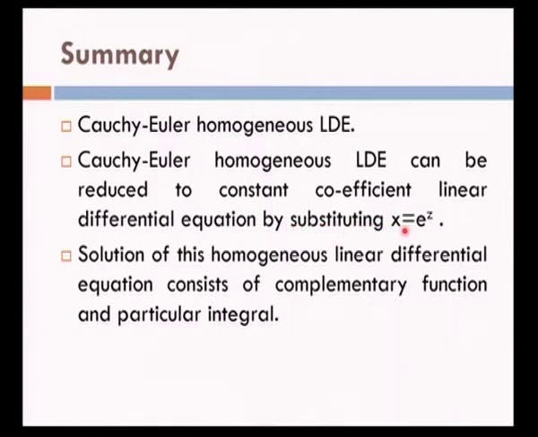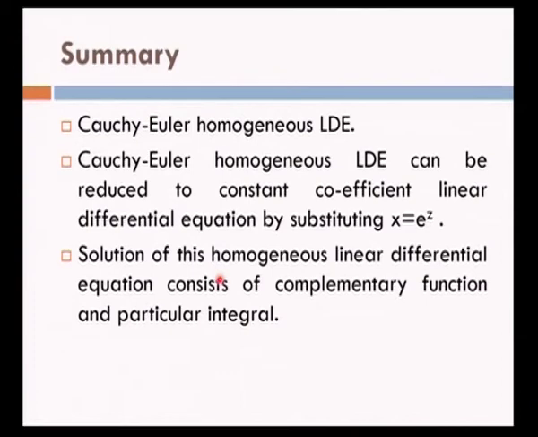In the substitution, x is assumed as e power z, then mathematical manipulations are done, and we get the equation with constant coefficients. The solution consists of the complementary function and particular integral, as for any linear differential equation.